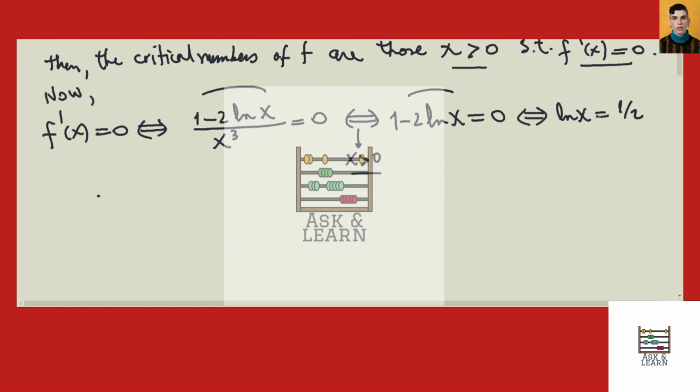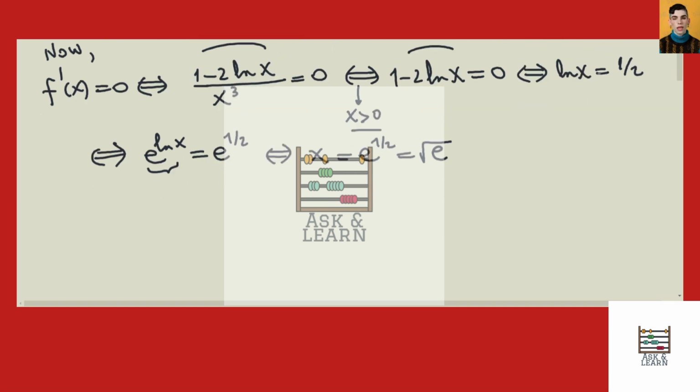And that's the same as e to the natural logarithm of x equal to e to the 1/2 power. And remember, the exponential and the natural logarithm are inverse functions of each other. So that gives x equal e to the 1/2 power, and that's square root of e. That is, the only solution of this equation is the positive number x equal to square root of e.